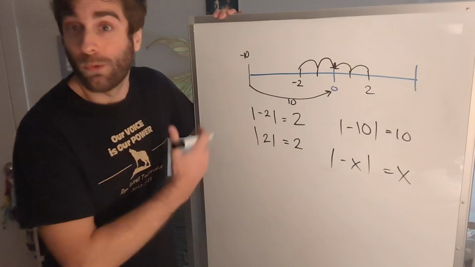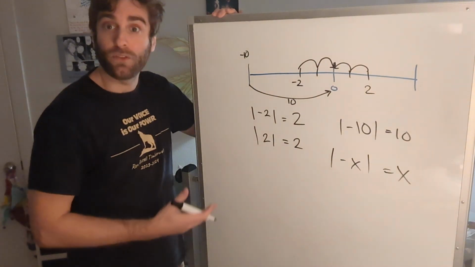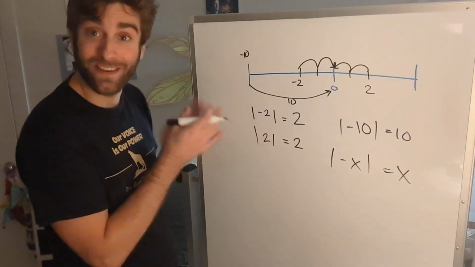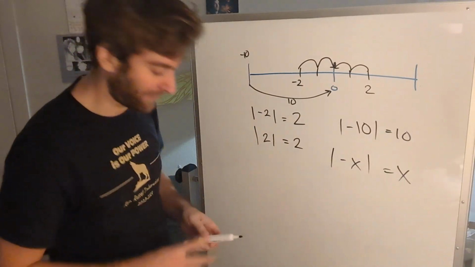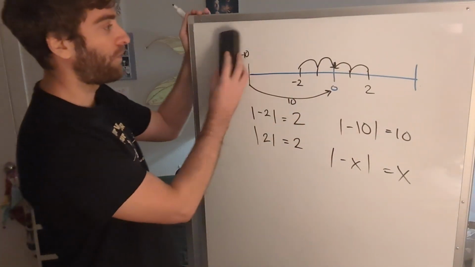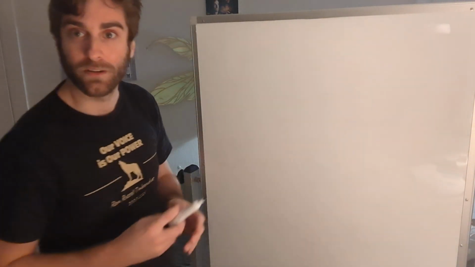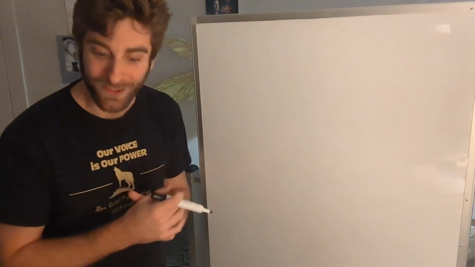So you might be wondering, what on earth is this useful for? Well, let's take a jump into some algebra and see what happens when we have an equation with an absolute value symbol inside of it. So I'm going to erase this, and I'm going to do 2 examples here, and we're going to walk through how to solve them.